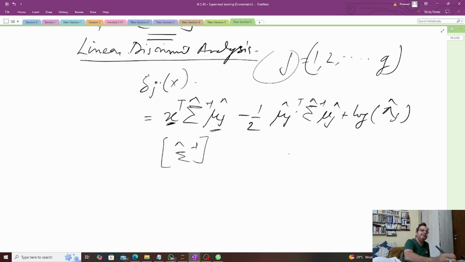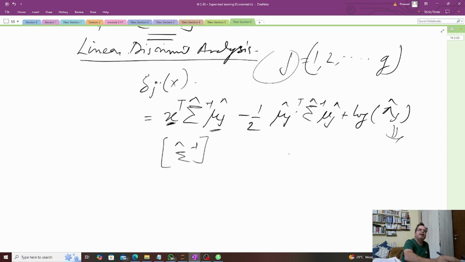In your linear algebra, this is called the inverse of the matrix. So this is going to give you the inverse of the data covariance matrix. Pi j is nothing but the prior probability of class j.